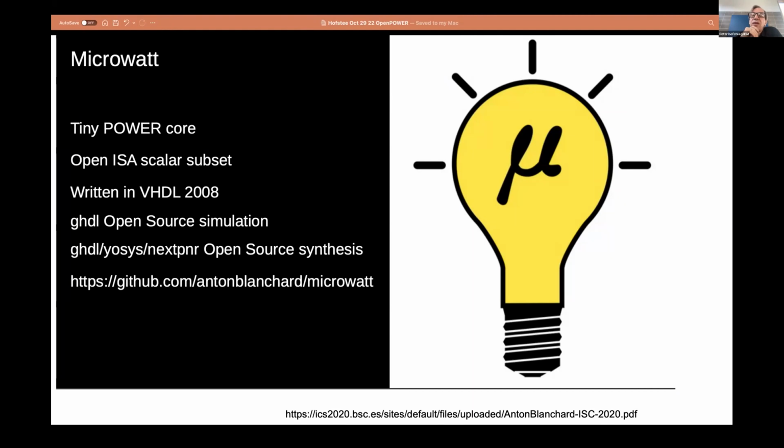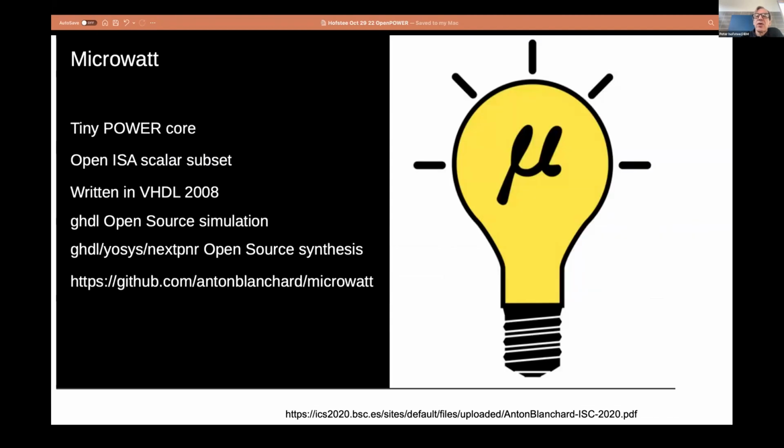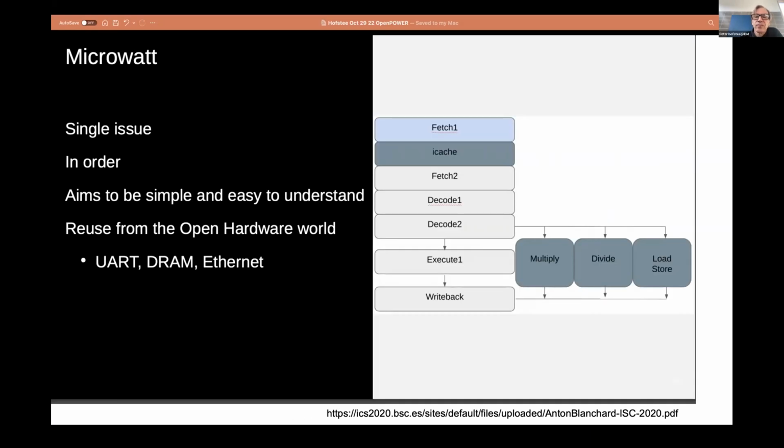When performance isn't your biggest consideration, when you just need a very small compliant core, this is a great one to use. It's quite an active project. I again looked at the project this morning, and I see that there are continued contributions.